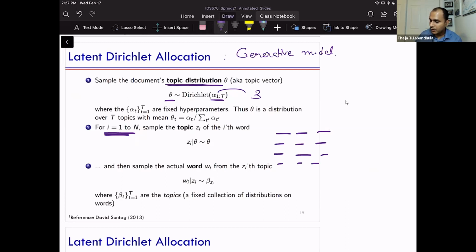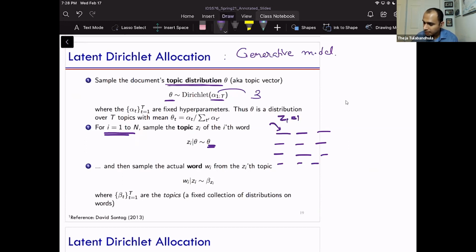Because I know theta, I'm going to use theta to say, hey, which topic would each of these 200 words correspond to? First I'll say, hey, first word, which topic would it be? Because theta is a distribution over our topics, the three topics in this running example, I'll say, hey, first word maybe is related to topic 1, so z1 is equal to 1.